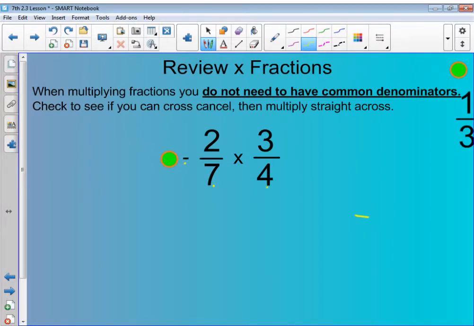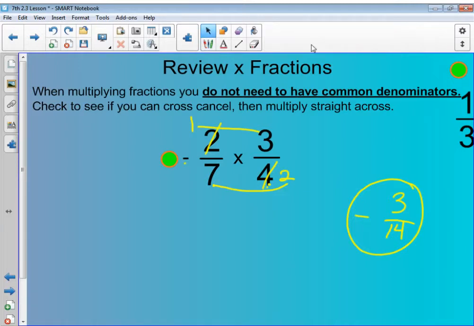Yep, 2 would go into 4 an even number of times. So 2 would go into itself once and into 4 twice. Okay, so that's doing that cross canceling. 3 won't go into 7 or 2. So now I'm going to multiply straight across. 1 times 3 is 3 over 7 times 2 is 14. So I end up with negative 3/14.